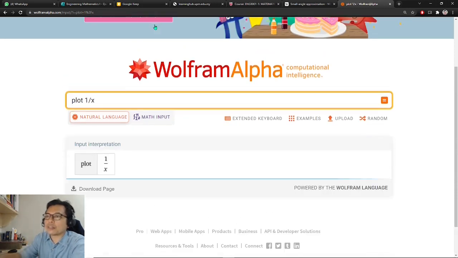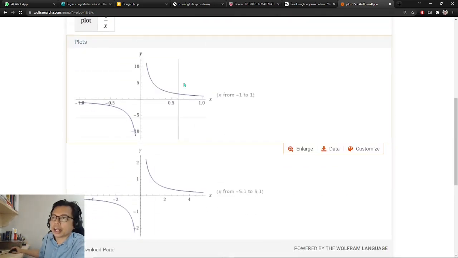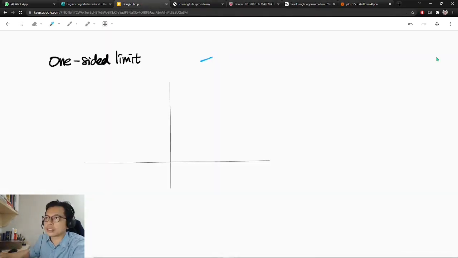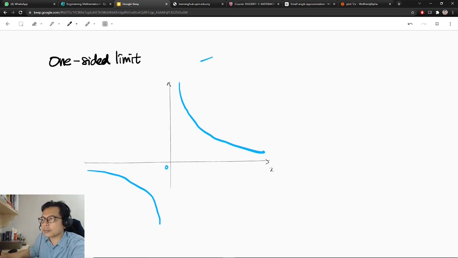If I plot 1 over x, I have something like this. I've already asked this same question in the WhatsApp group before. And this is obviously 0, and this is y, and this is x.